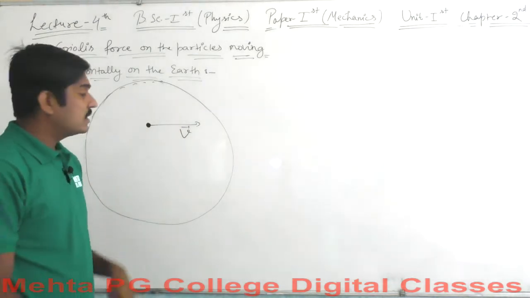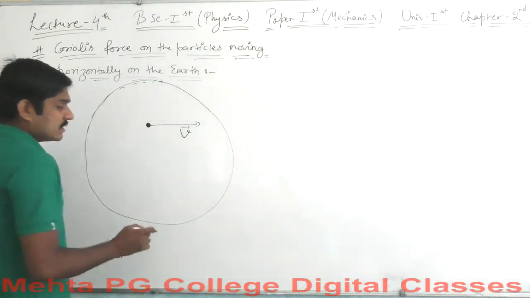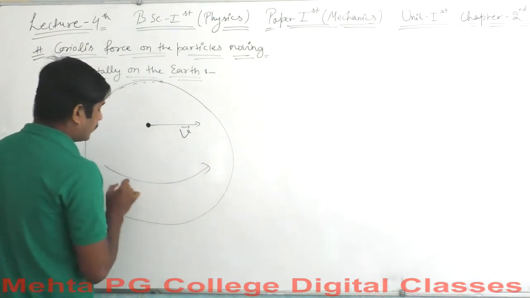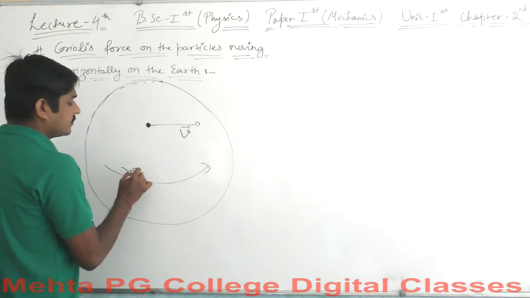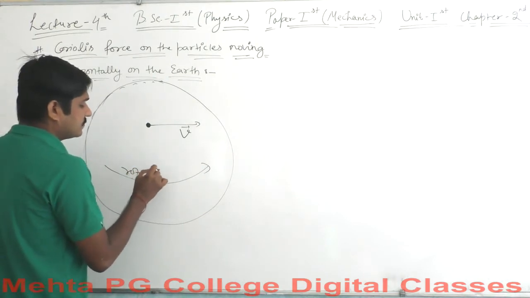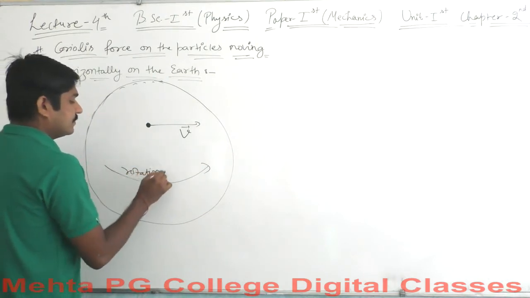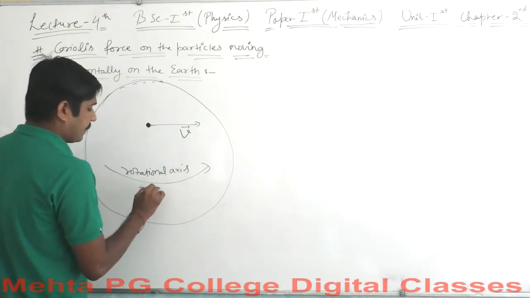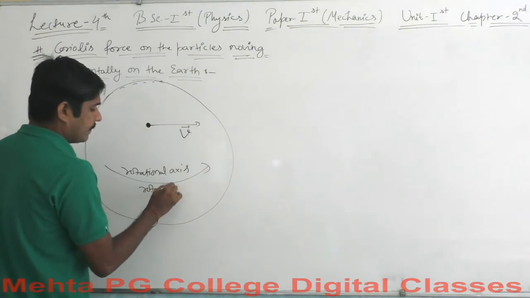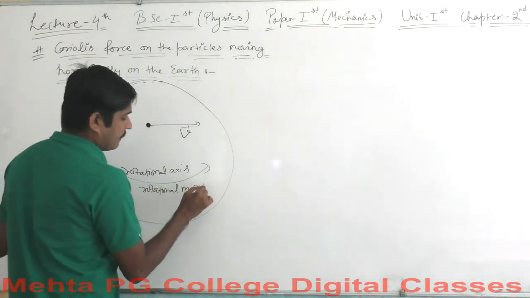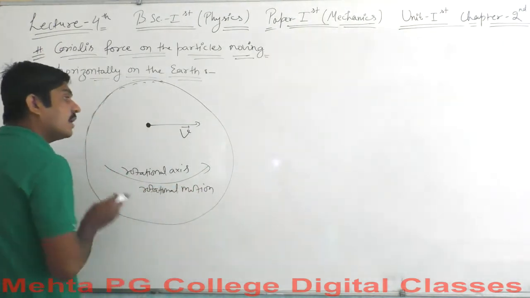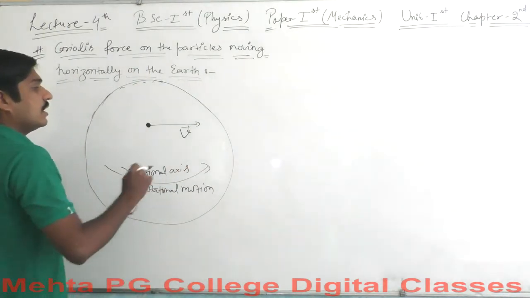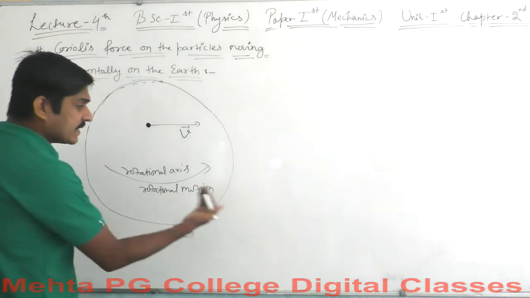The earth keeps on rotating about its own axis, and it also keeps on moving around the sun.